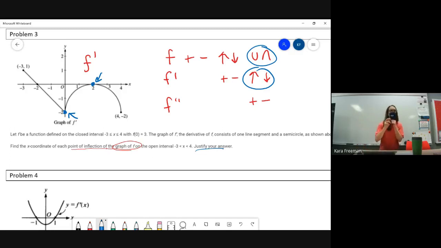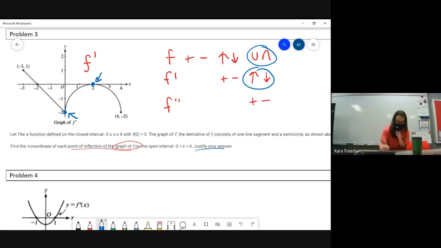So here's how you correctly justify your answer. Those of you who got 0 and 2, great, but I also want to make sure we know how to justify it. Since at 0 you go from decreasing to increasing, and at 2 you go from increasing to decreasing, you have to make two separate statements.